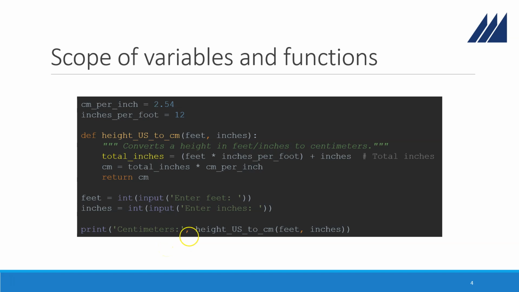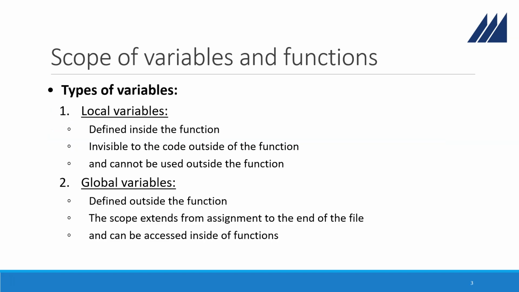Let's take a look at the previous example that we saw. Let's try to identify in this code which are the global and which are the local variables. Centimeter per inch is a global variable. It's defined outside the function, obviously. And the other example is inches per foot. This is a global variable. Remember when we said the global variables, from the time you define them until the end of the file, are visible and accessible.